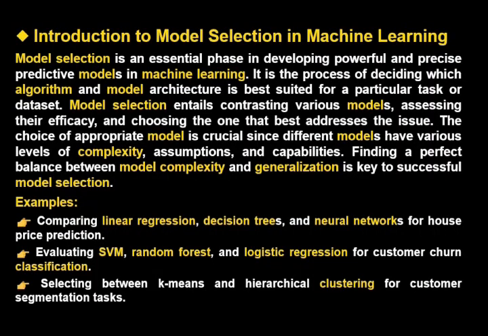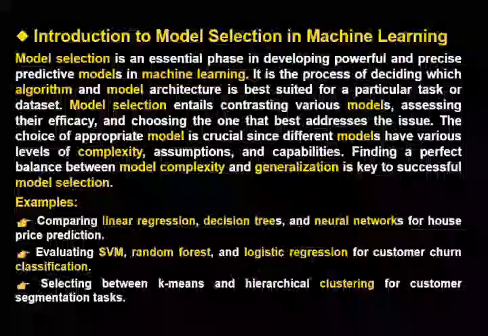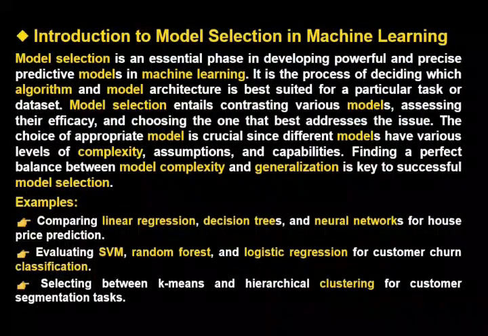For example, linear regression, decision trees, and artificial neural networks may all be applied to house price prediction. However, only one model may provide the best trade-off between accuracy and overfitting. Thus, model selection directly impacts the success of a machine learning system.